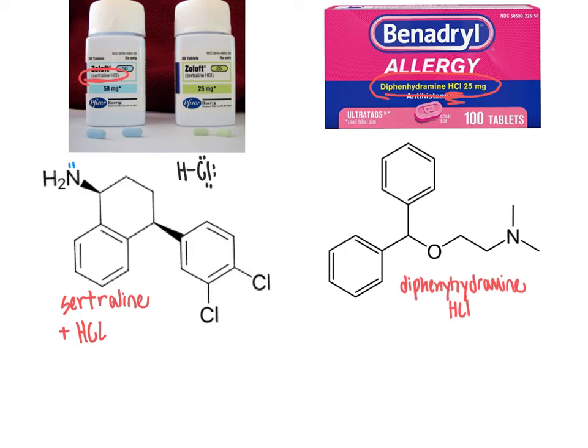And so we can show that happening here for sertraline by taking the lone pair of electrons from the nitrogen, bring those over to grab that proton from the acid, forcing the hydrogen-chlorine bond to break. And as a result of that, we end up with a product that now has that extra proton on the nitrogen. So now the nitrogen no longer is NH2, but now it's NH3. And further, if we calculate the formal charge, it's going to be +1.